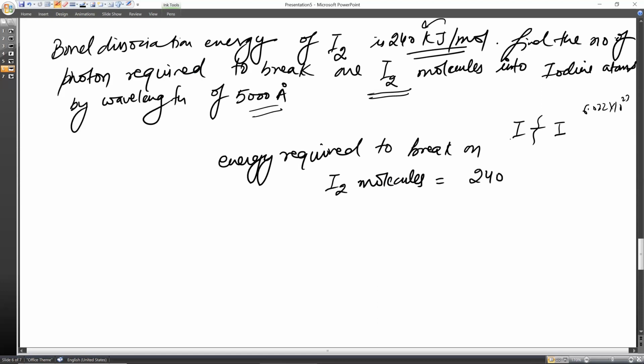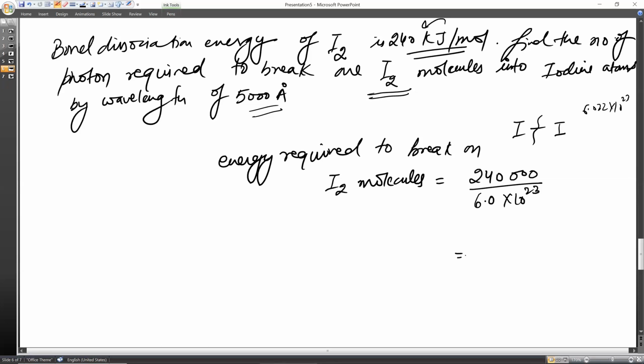First of all, convert it into joules. So this way, 240,000 joules per mole, it is actually the energy for one mole of atoms. So if I need to find out for only one I2 molecule, I have to divide it by 6.022, means 6.0 into 10 power 23.